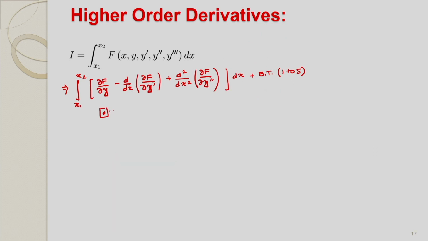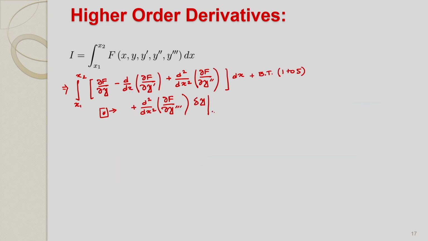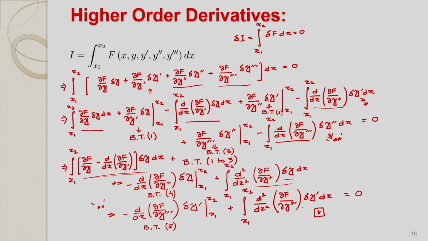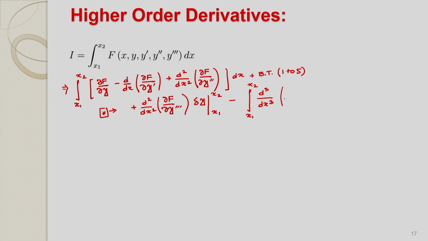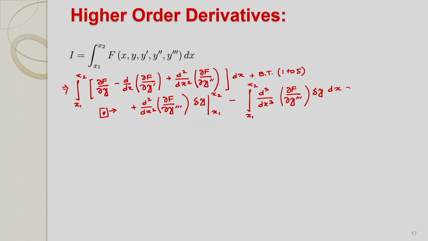So, this turns out to be d2 dx2 del f del y triple prime, and in integration by parts this will be delta y from x1 to x2 minus d dx of this quantity, delta y dx equal to 0. So, this is your boundary term 6.